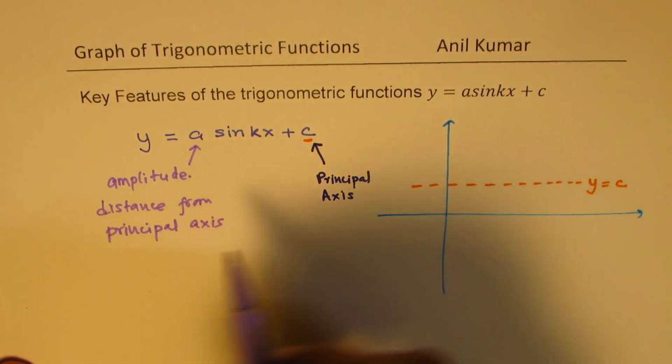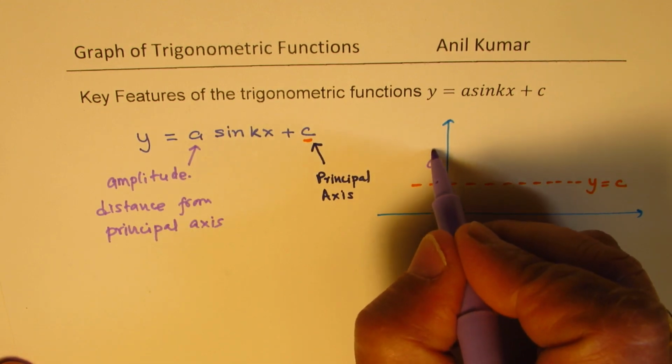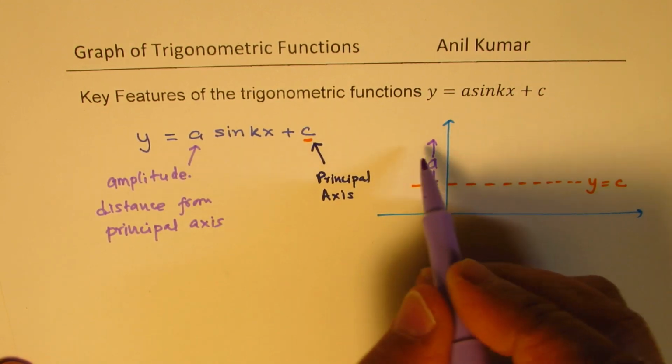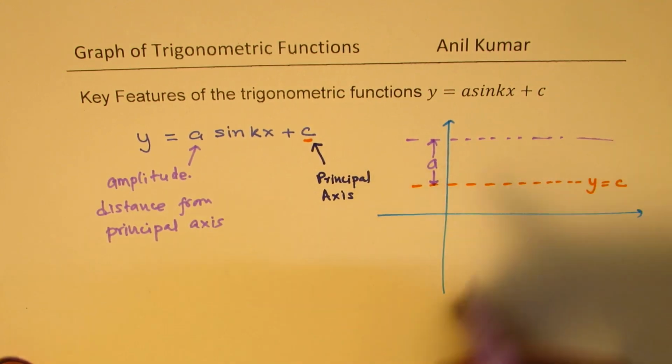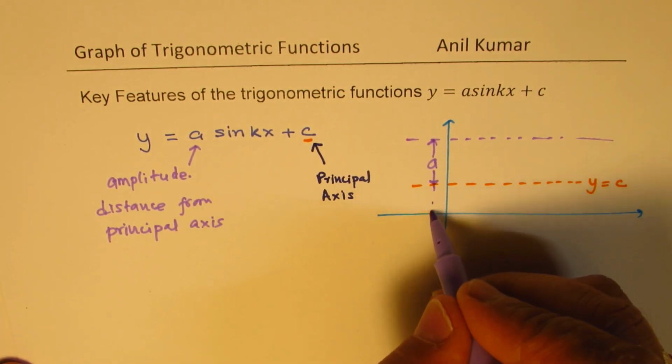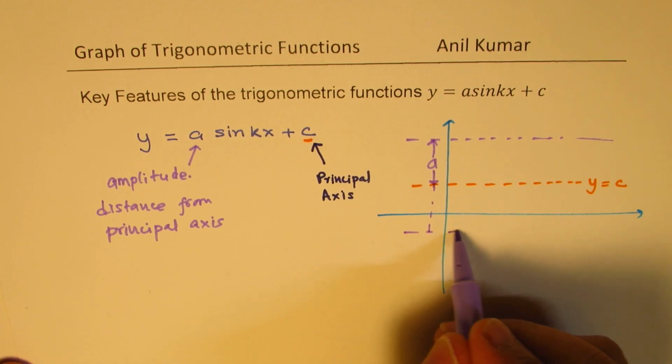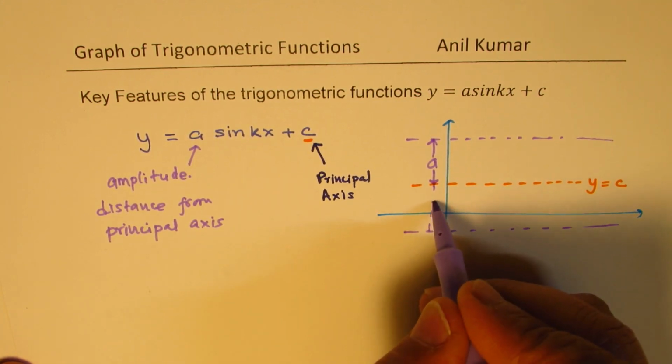So let us say the value of a is this much. So the maximum will be so many units above the principal axis and the minimum will be those many units below the principal axis.